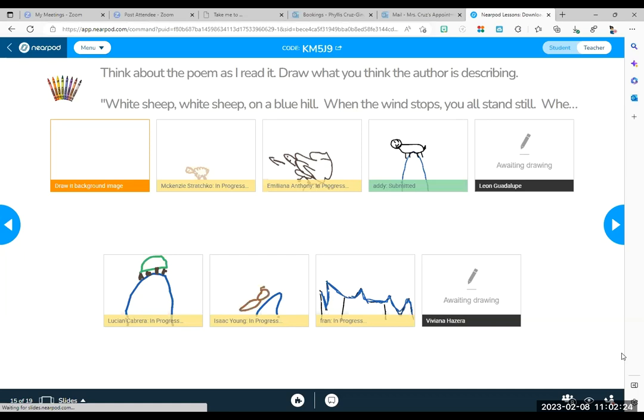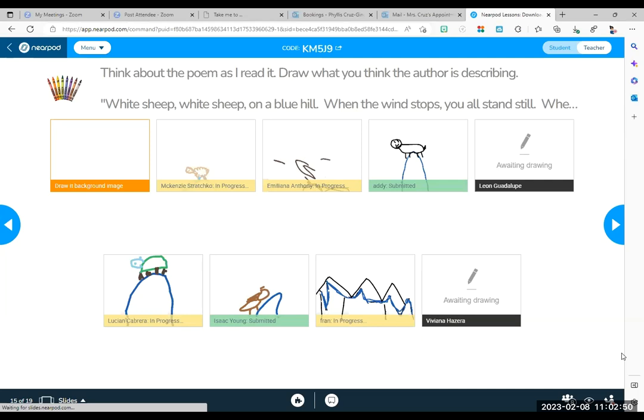Is there anybody who didn't think it was about sheep? Is there anybody here who thought it was about something else? We talked on the last slide about imagery, about the pictures in your head of what you envision or see that the author's talking about.